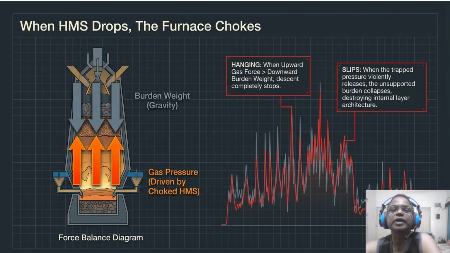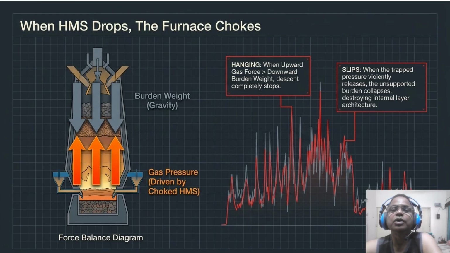If that upward gas force exceeds the downward weight of the burden, you get hanging. The descent completely stops. Now look at those spikes; those are slips. That's when the trapped pressure violently releases and the unsupported burden collapses, destroying your internal layers.